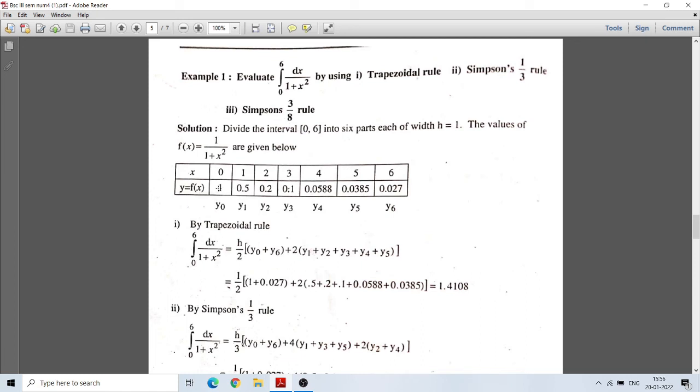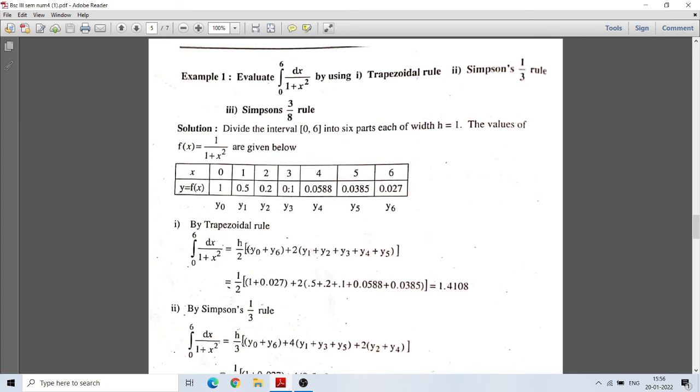Then put x is equal to 0 here, we will get 1. Put x is equal to 1, you will get 0.5. Put x is equal to 2 here, you will get f of 2 value, nothing but y2 value 0.2, and so on, we will get the table. From this table, these are all the x values, and below values are y values, y0, y1, y2, y3 up to y6 values.